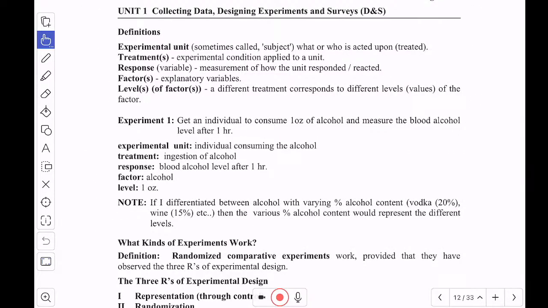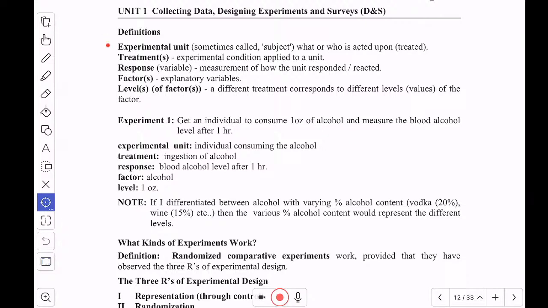Okay, questions so far? So I'm going to get into the details of experiments now. This is something that wasn't addressed explicitly in the videos, so I'm going to take some time to formalize the terms. Okay, so in an experiment, there are identifiable features.